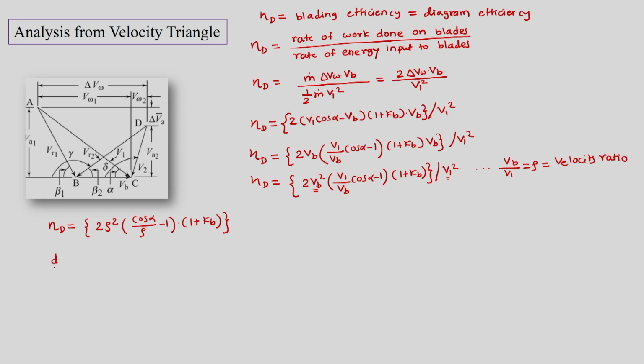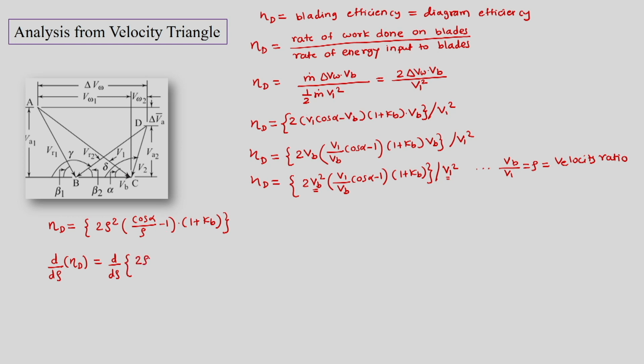So, let us differentiate this diagram efficiency with respect to rho, and then we can get here as equal to 2 into, we can first do this d by d rho of, we will multiply it here.